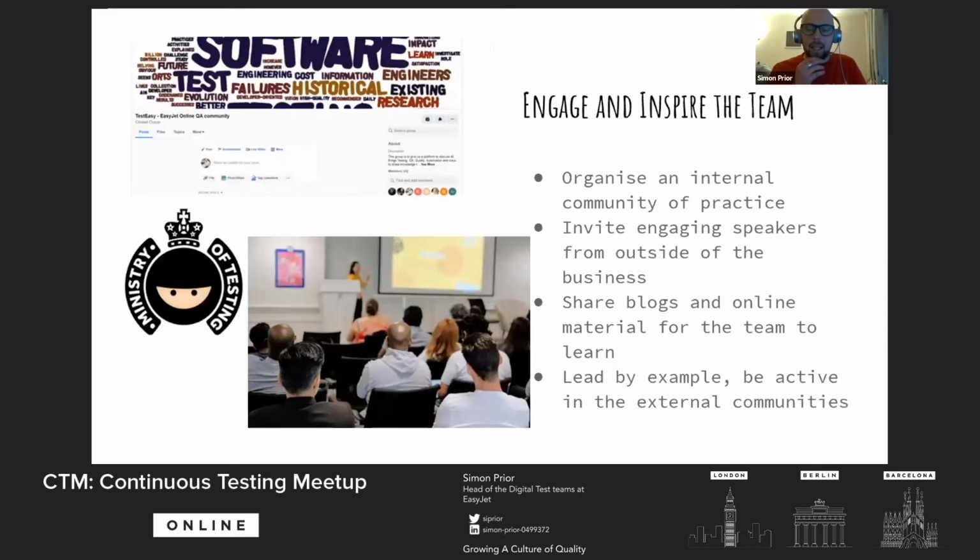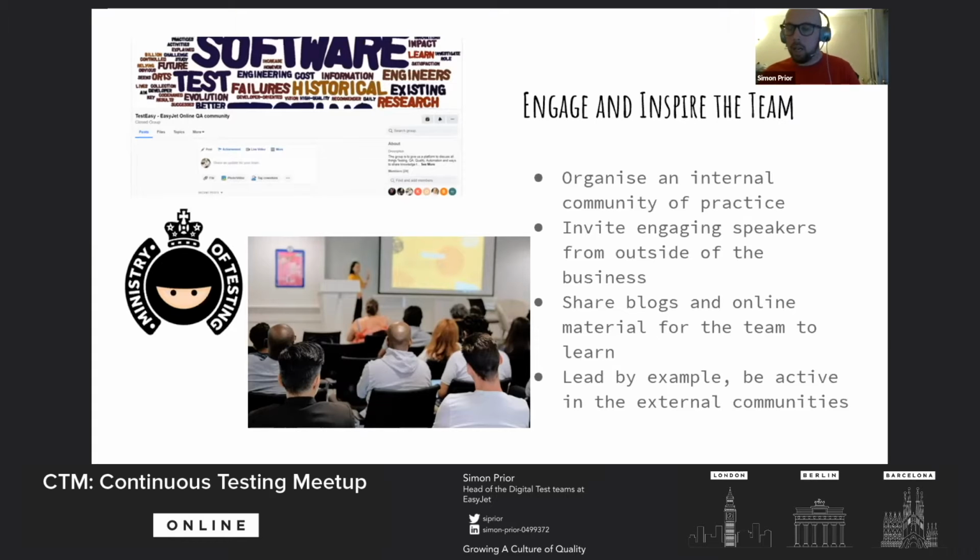It was then really about engaging the team. So we talked about what we needed to do. We'd given people this, starting to get the passion, and then it was really about igniting that passion. So we organised an internal community of practice. We got a few external speakers to come in and talk at those events.